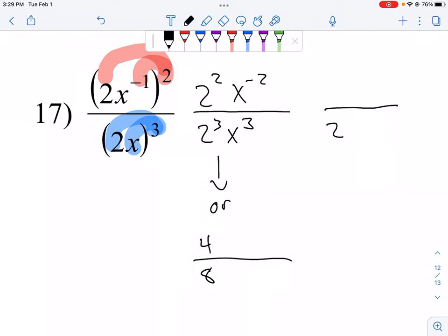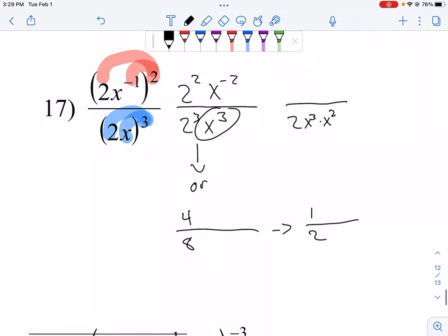And 4 over 8 reduces to 1 over 2. x to the negative second needs to move, and there are already 3 down there, so that's how I would make that positive. And we would end up with 1 as a placeholder, so 1 over 2x to the 5th.